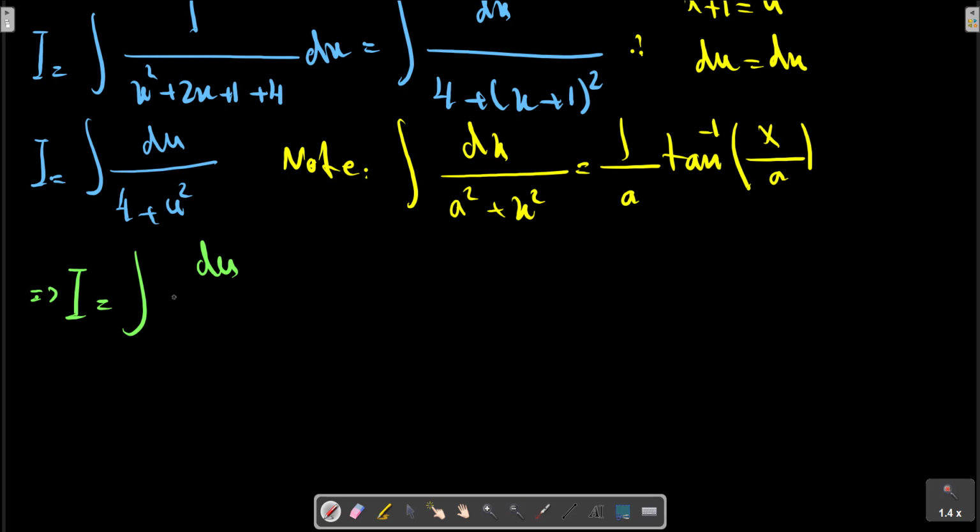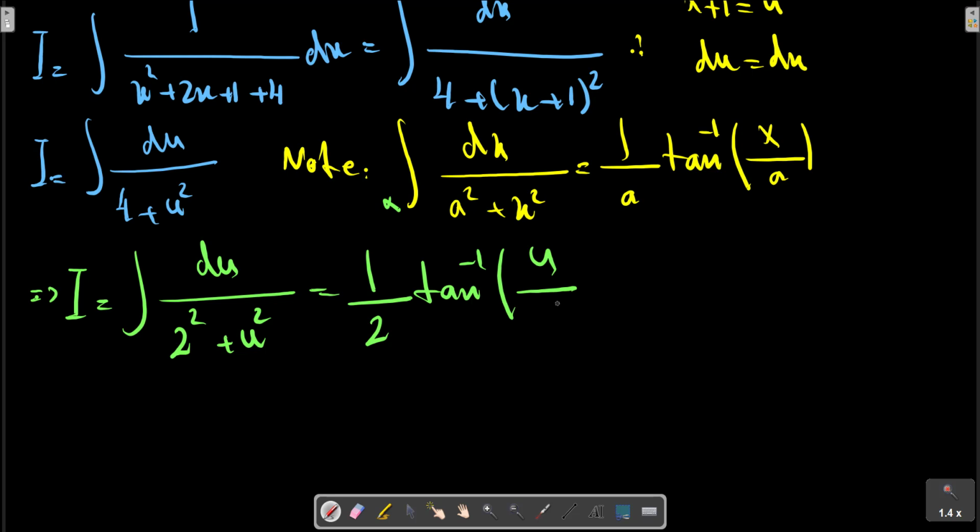du over 2 squared plus u squared, according to this relation, is 1 on 2 tangent inverse u on 2 plus c, and we substitute u equals x plus 1.